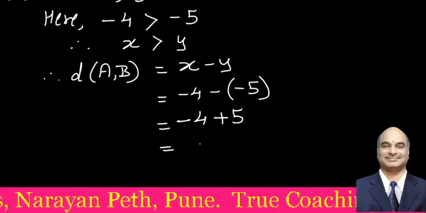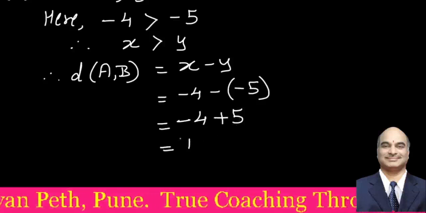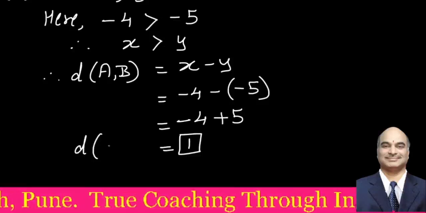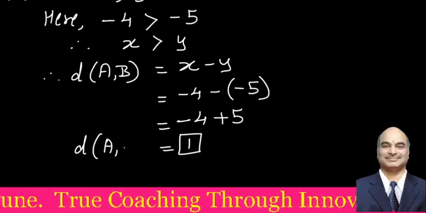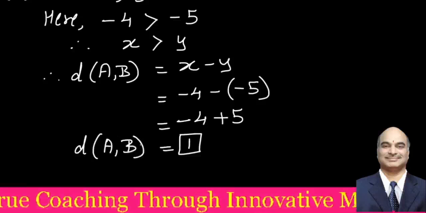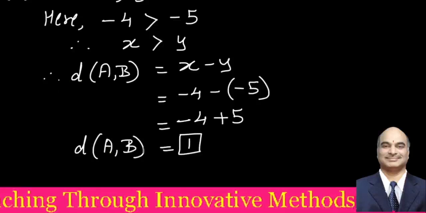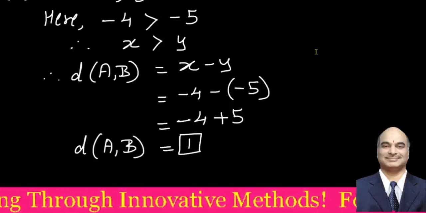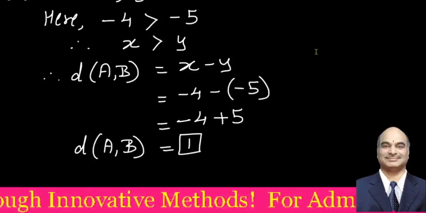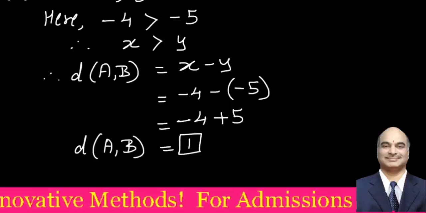We have different signs, so we subtract. 5 minus 4 is equal to 1, as 5 is greater, the answer is positive. So 1 is the answer we get here. Now, minus 3 and minus 6, next one, the fifth sum.